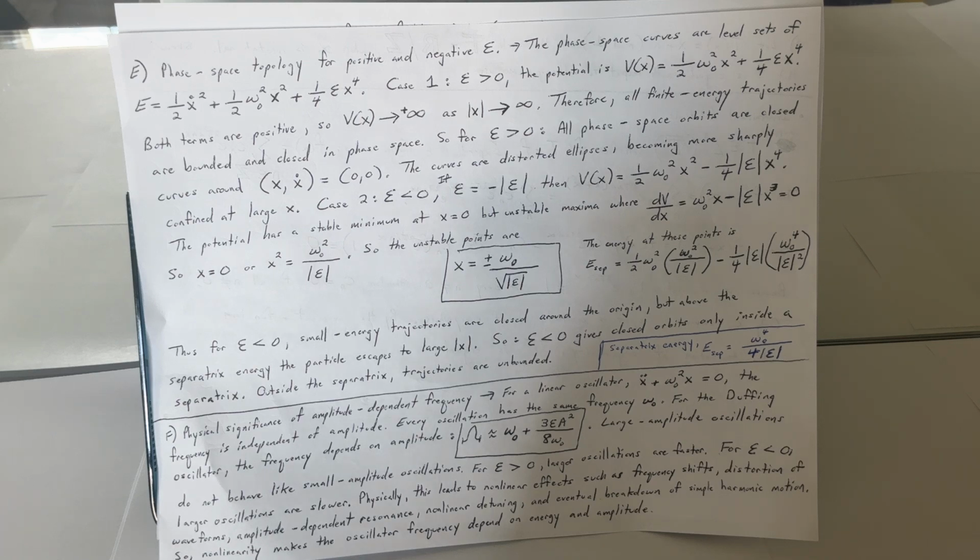Okay. Also here, for this separatrix energy, E sub SEP equals omega naught to the 4th over 4 times the absolute value of epsilon.